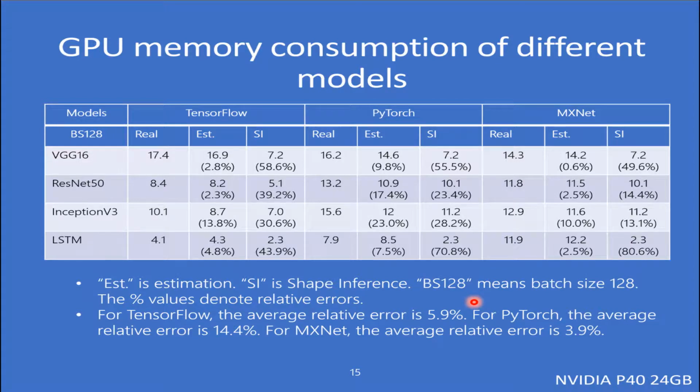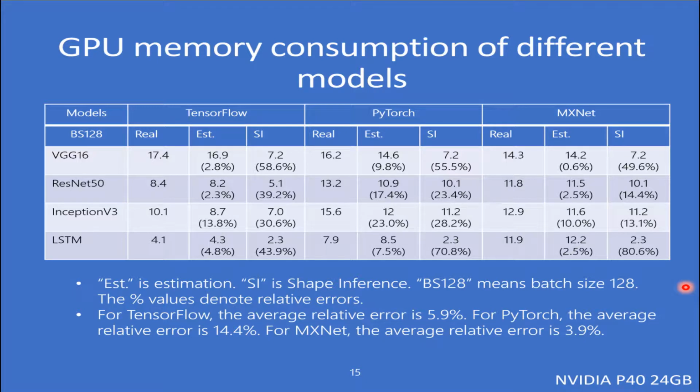BS 128 means batch size 128. The percent values denote the relative errors. For TensorFlow, the average relative error is 5.9%. For PyTorch, the average relative error is 14.4%. For MXNet, the average relative error is 3.9%.